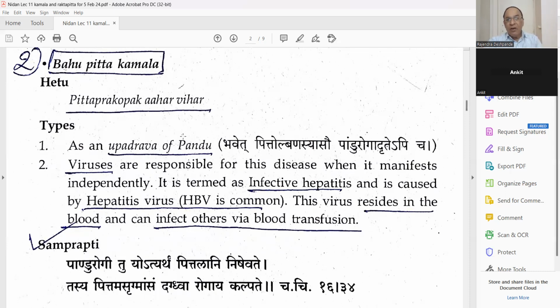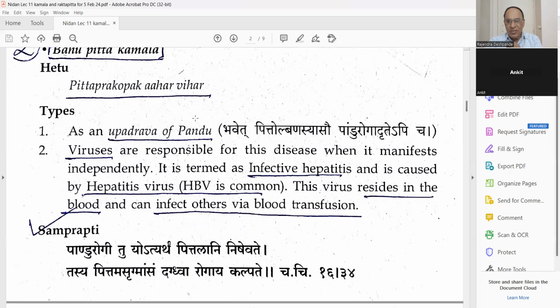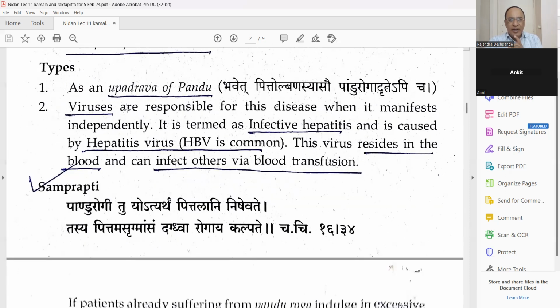As an Upadrava of Pandu, many times this happens after an anemic condition, like hemolytic anemia. Viruses are responsible for this disease when it manifests independently. It is termed infective hepatitis and is caused by the hepatitis virus. Some people compare this with Ruddapatha, or consider it part of Bahupitta Kamala.